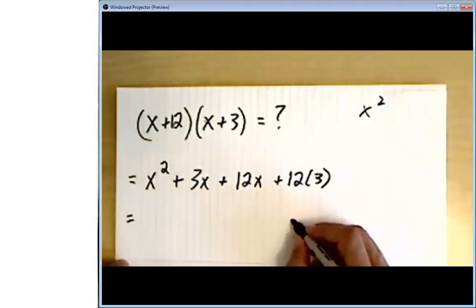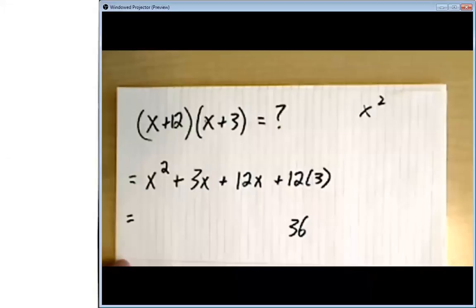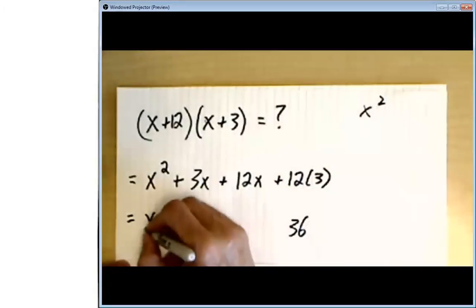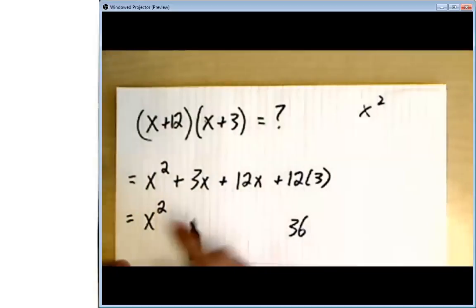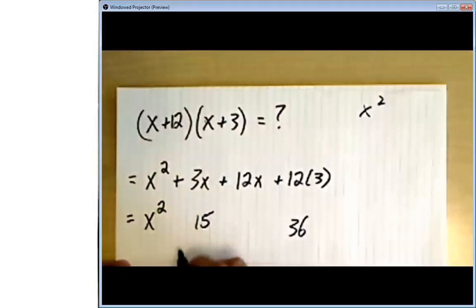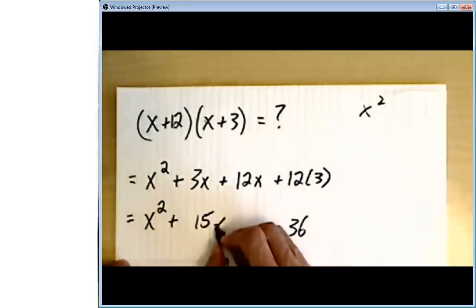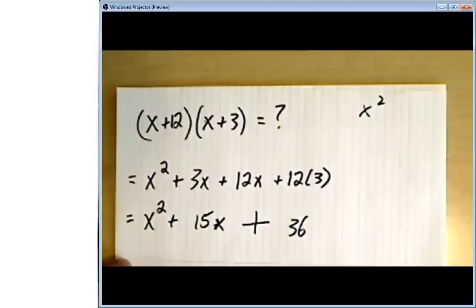Okay. 12 times 3, 36. That's true. Two plus 12, 15. That's right. Both x's, both the same. Plus 15x. And a plus 36. Big plus, so it doesn't look funny, right?